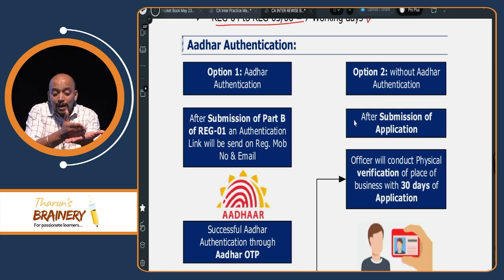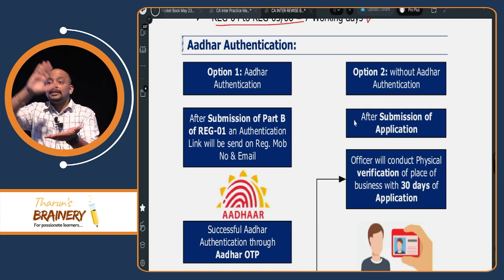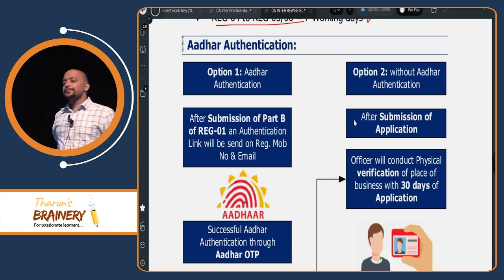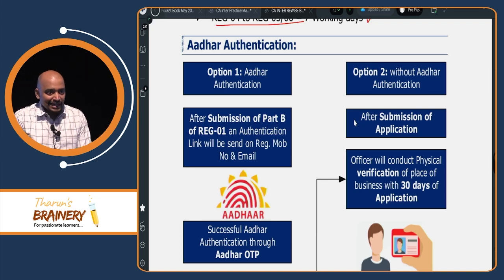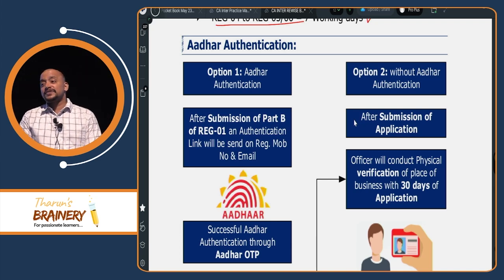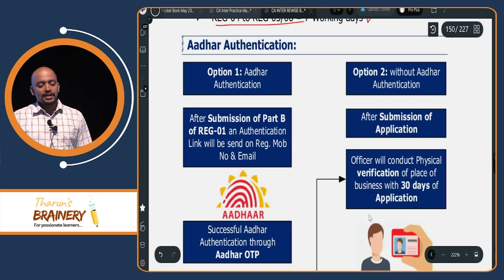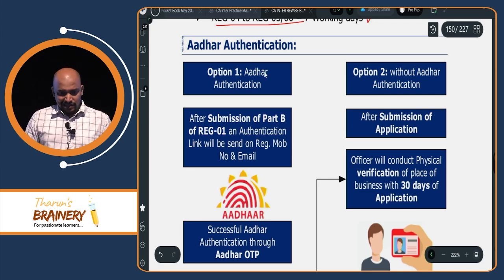The day when you complete the Aadhaar authentication, that date only is called the date of submission of application. Is it clear? It is not the date when you actually submit the application. So it is the date of completion of Aadhaar authentication. So option 1, Aadhaar authentication.